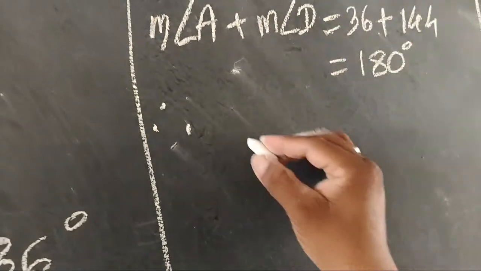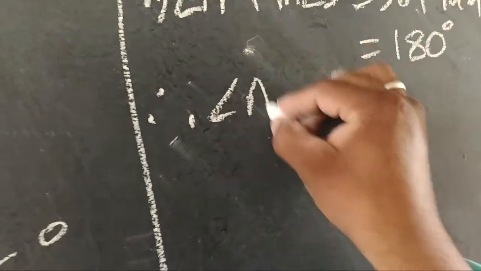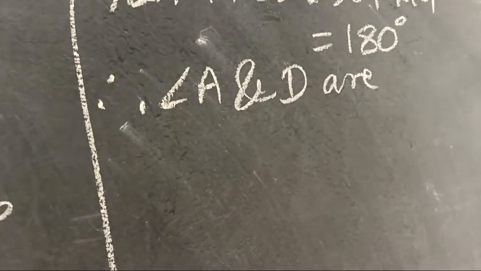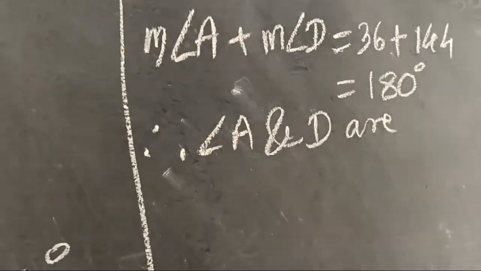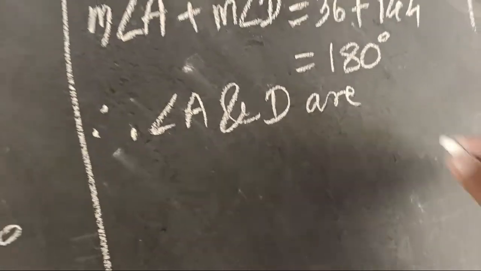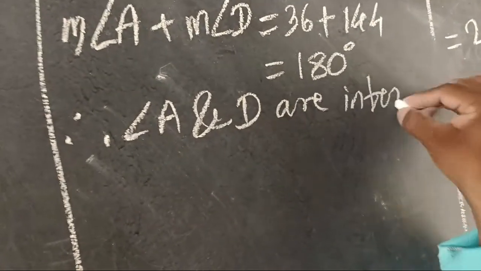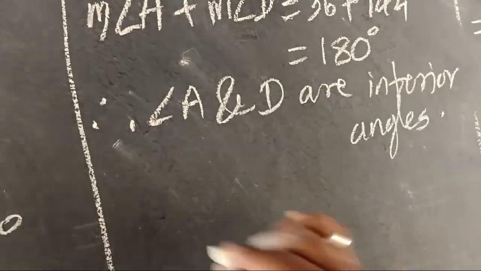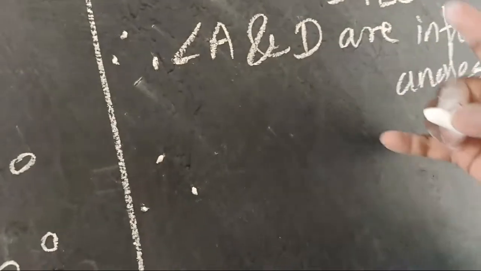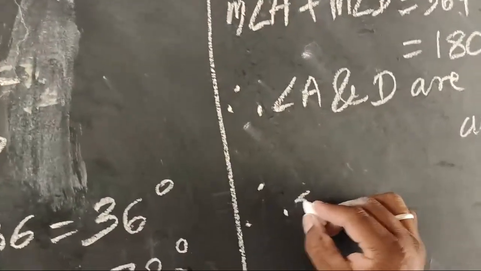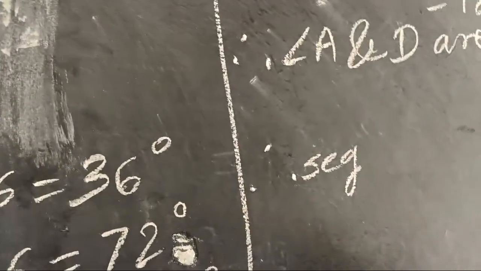Therefore, angle A and angle D are which type of angles? Interior angles, and interior angles are supplementary.